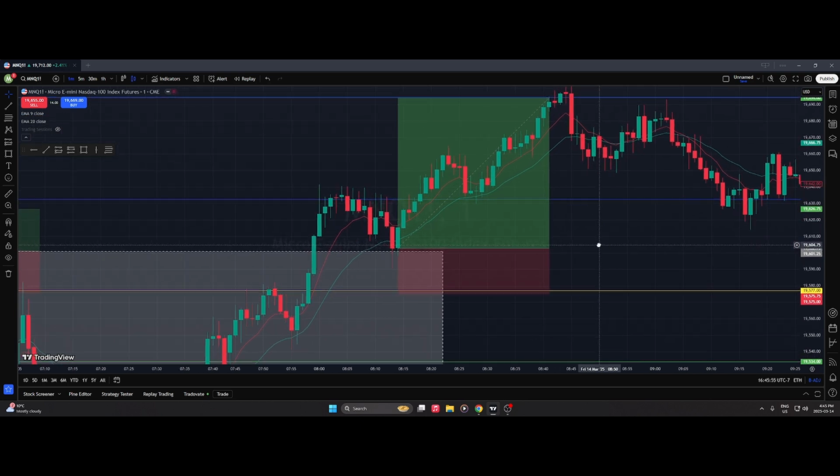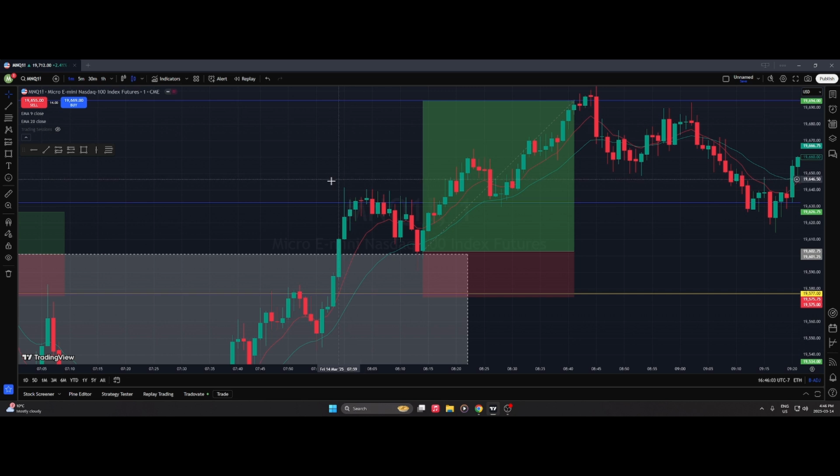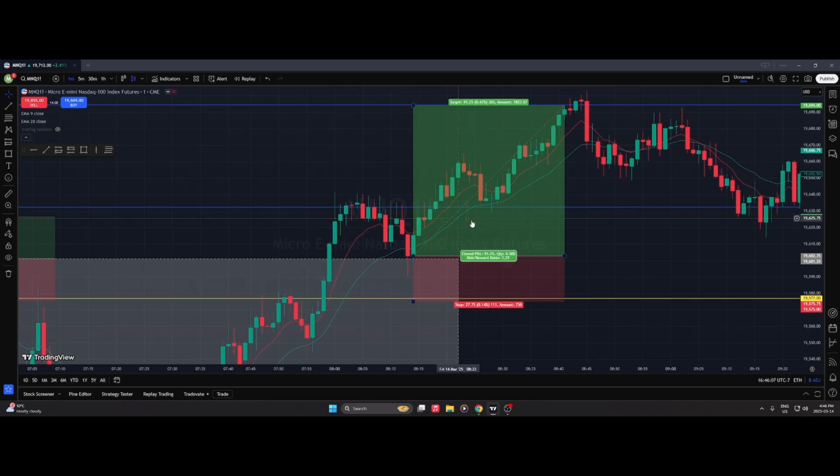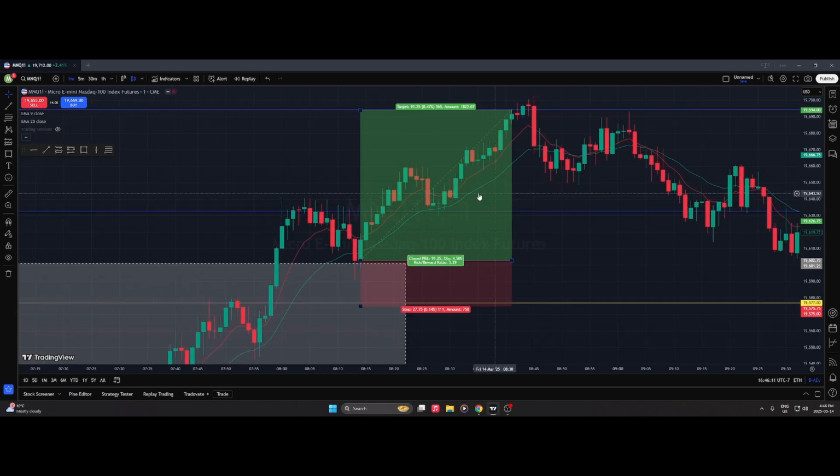So this is an A plus setup for what I'm looking to do, and that is a breakout. Especially because of the levels that we had marked out with London highs and the Asian highs, I knew that there was liquidity resting above both of them. And we struggled to break above here. Another thing to point out is that as we broke above the London highs right here, we traded back down to this level.